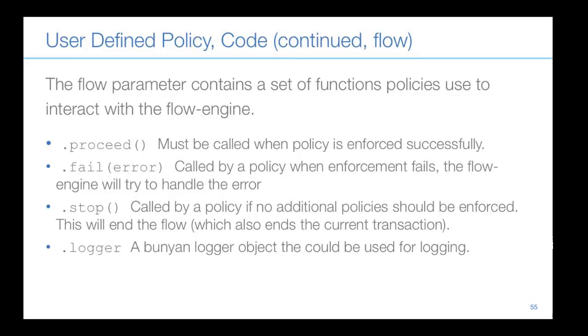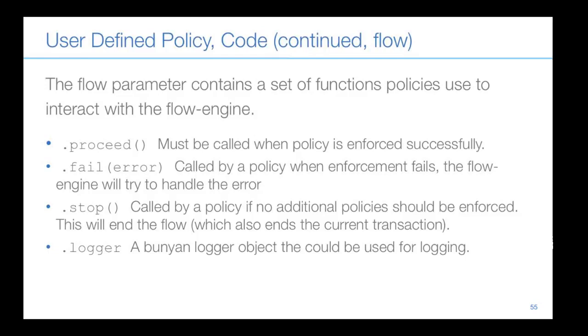Okay, so the flow parameter, as I'd mentioned earlier, definitely is worthy of a deeper dive on what you can do with it. You saw the flow.proceed in the example that we had shown. That's basically returning control back to the flow engine, so it can take you to the next policy in the chain, or return back to the client. You can also say that, hey, whatever I've been doing in code, I fail.